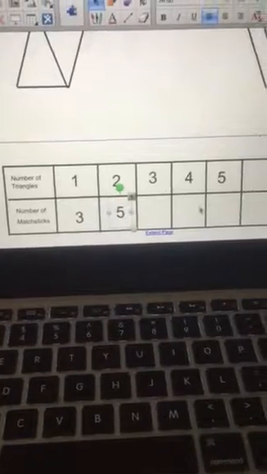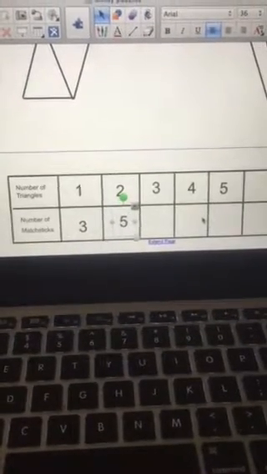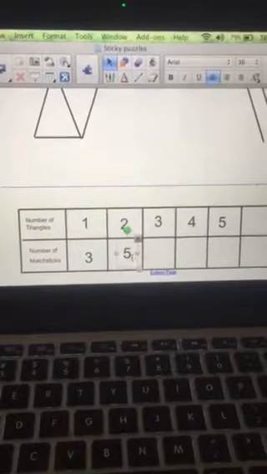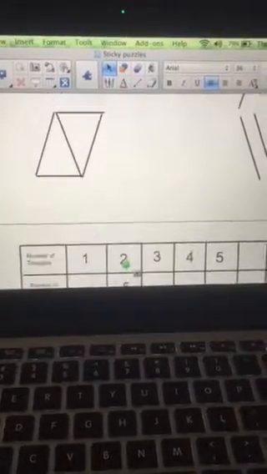What is the pattern that is occurring? What is being done between the two different rows within your table of values? And there is something corresponding. So we've noticed that this was 3 and here is 5. I've added 2 here.